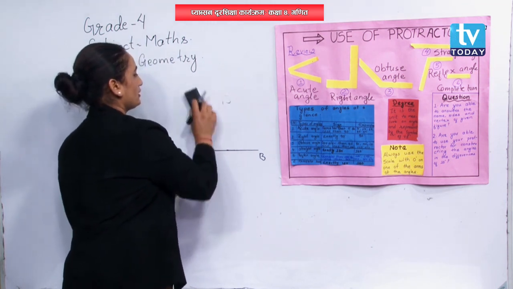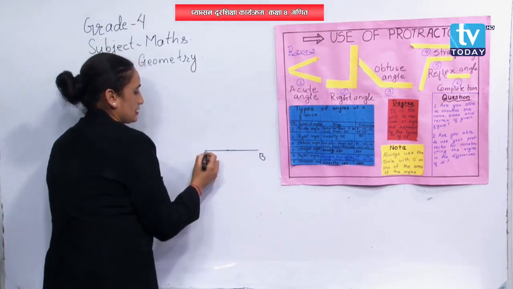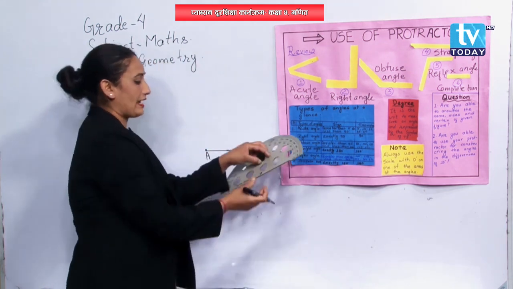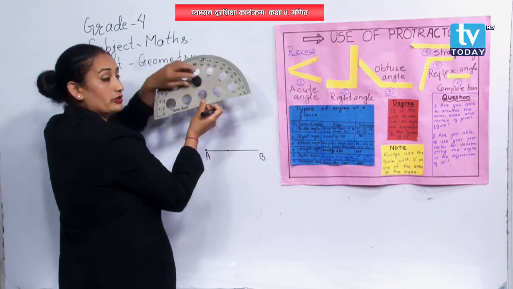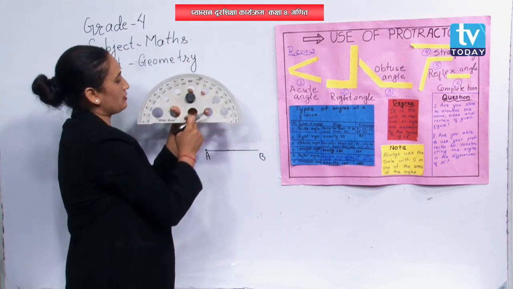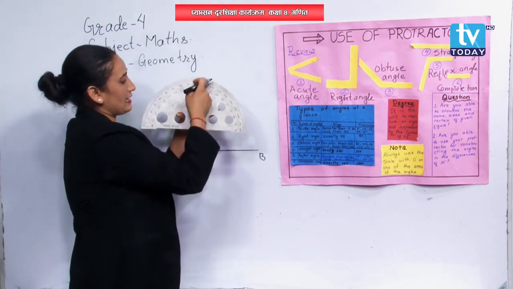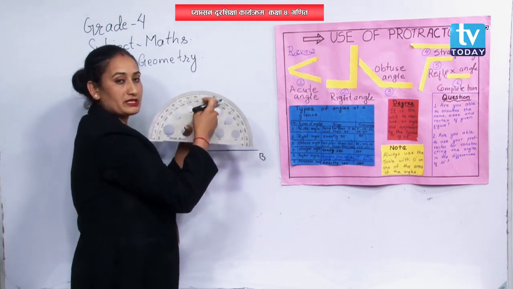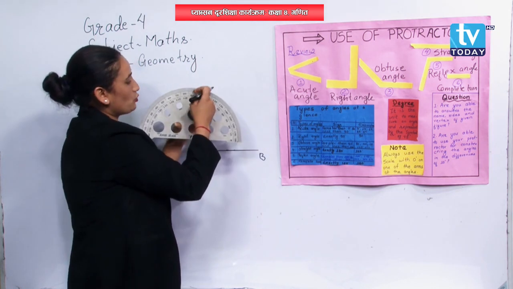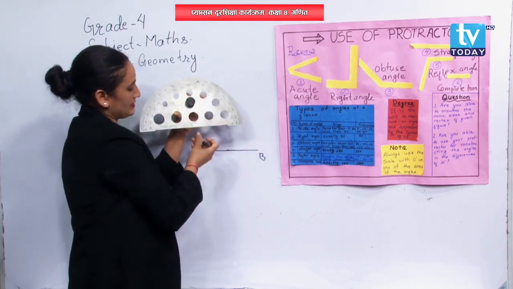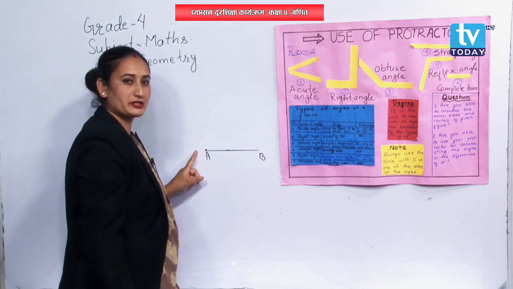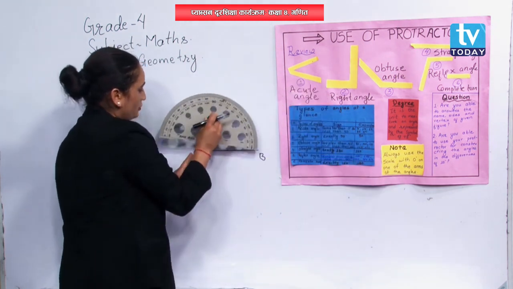I am going to use this left side point, that middle point or arrow which you can see in your protector. The arrow at the middle point is straight 90 degree. Please put that arrow straight on point A. Are you ready to put it? Okay, I'm going to put it.